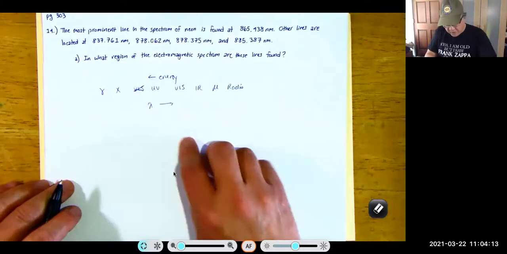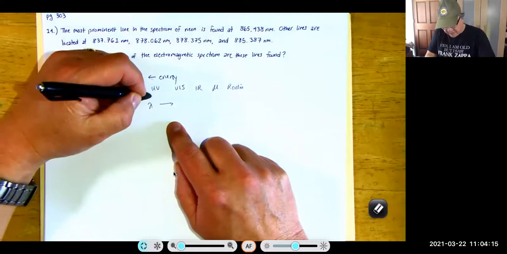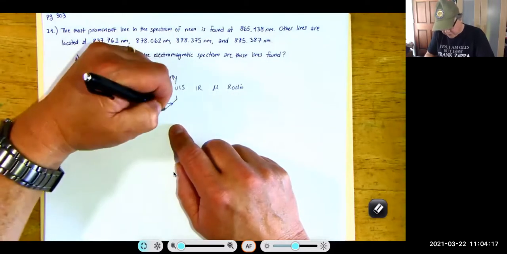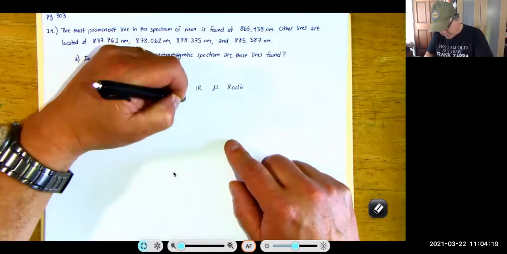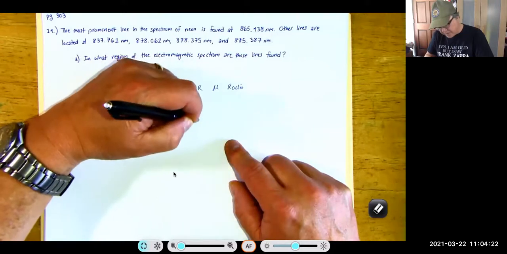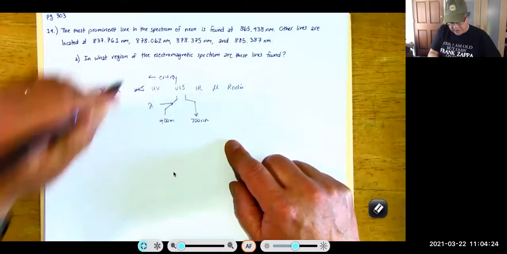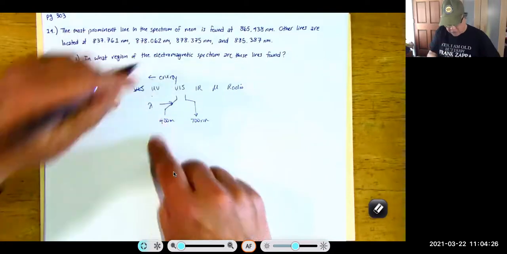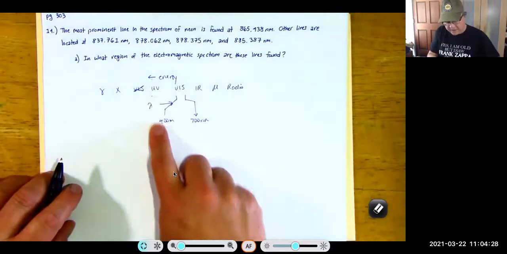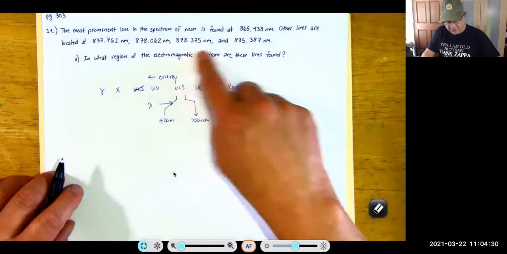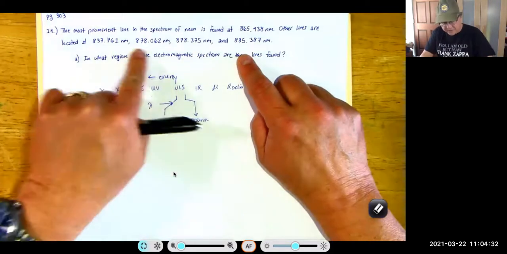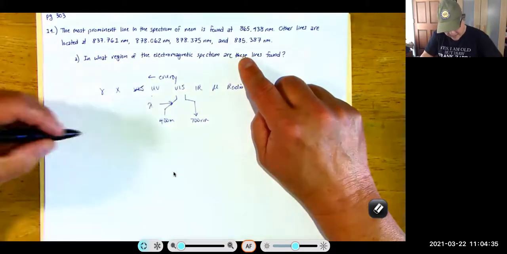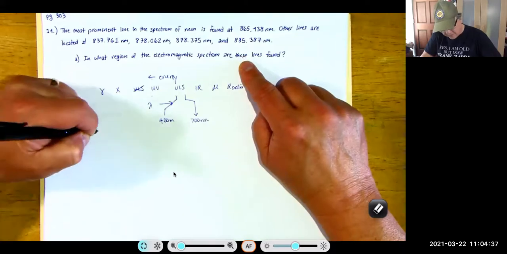Okay, we know that visible is 400 to 700 nanometers. So anything shorter than 400 nanometers is ultraviolet. Anything longer is probably going to be infrared. So these are pretty close to 700 nanometers, so we're going to say A is going to be infrared.